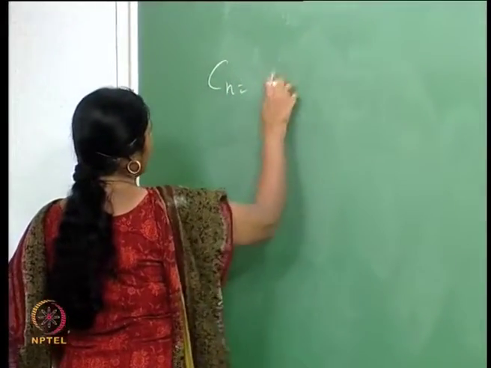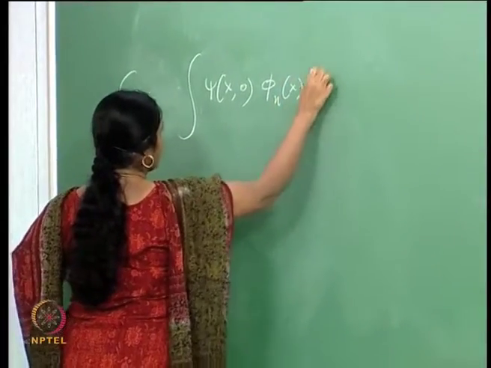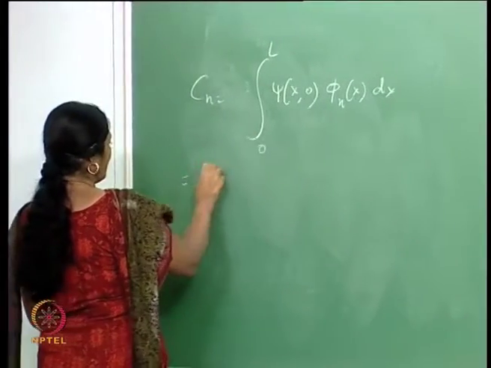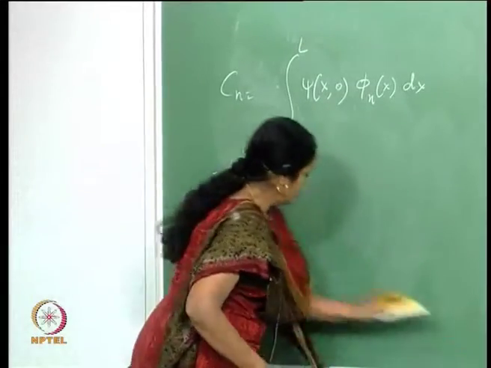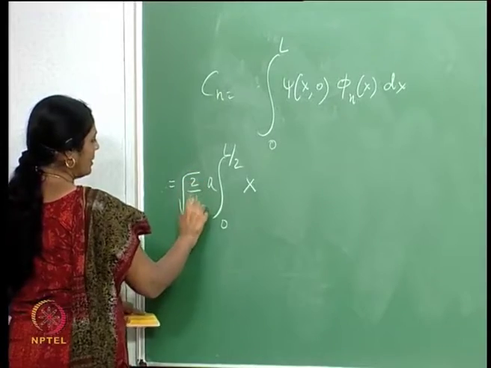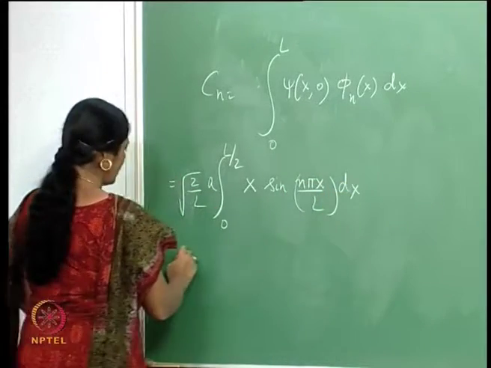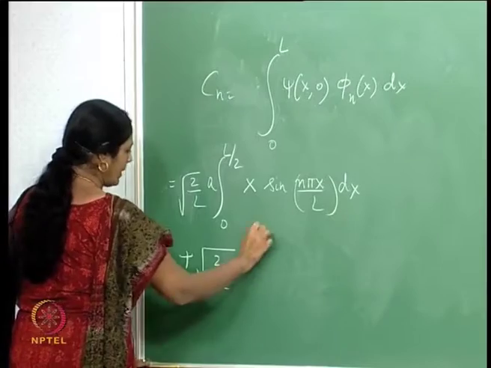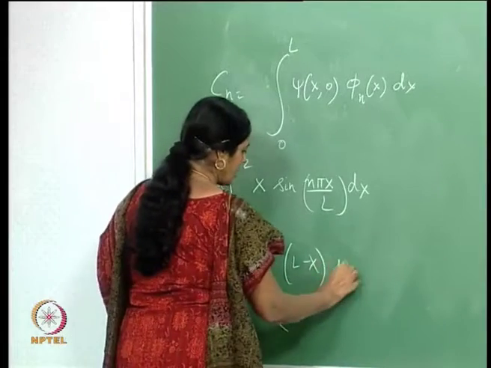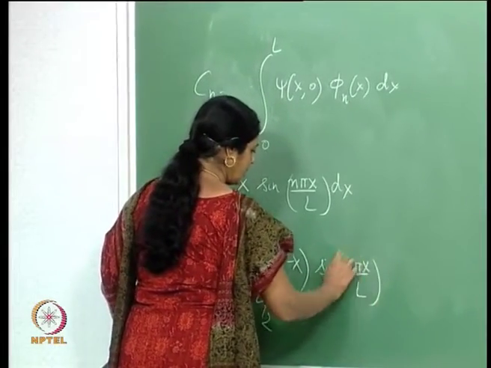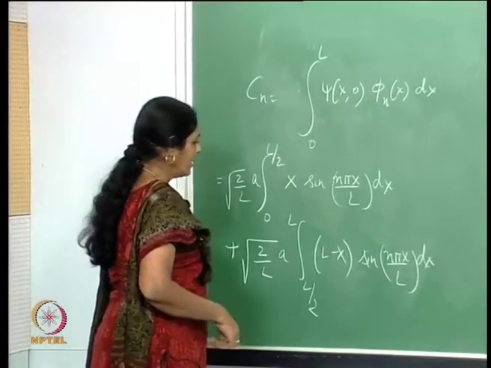So, Cn is integral psi of x comma 0 phi n of x dx from 0 to L. So, from 0 to L by 2 it is A x root of 2 by L sin n pi x by L dx plus root of 2 by L A integral L by 2 to L, L minus x sin n pi x by L dx.